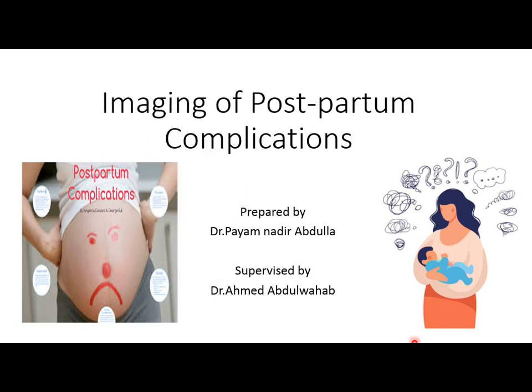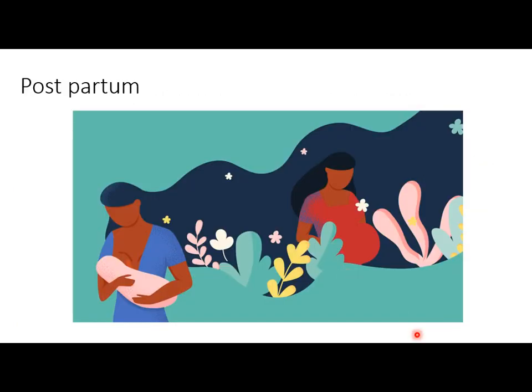Good morning everyone. Today I'll discuss the imaging of postpartum complications. Postpartum is the period that starts immediately after the delivery of the fetus and the placenta until 6 to 8 weeks later. During this period, the pregnancy-related physiological and anatomical changes return back to the pre-pregnancy state.